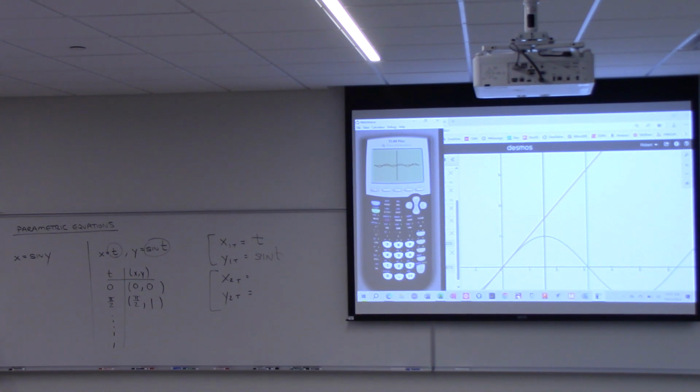But we can do the same sort of thing we did here. Can I make a parametric? Yes. This time, I want my x to be sine of y. So I'm going to replace the y with t, and the x will be the sine of t. Now do you see that if I take this t and replace it with y, we get sine of y is x? Let's do that on the calculator.